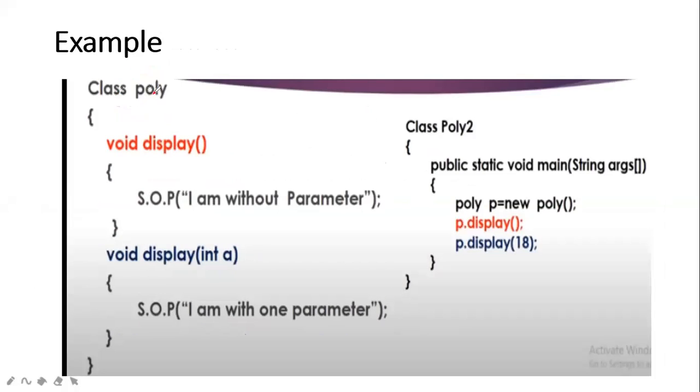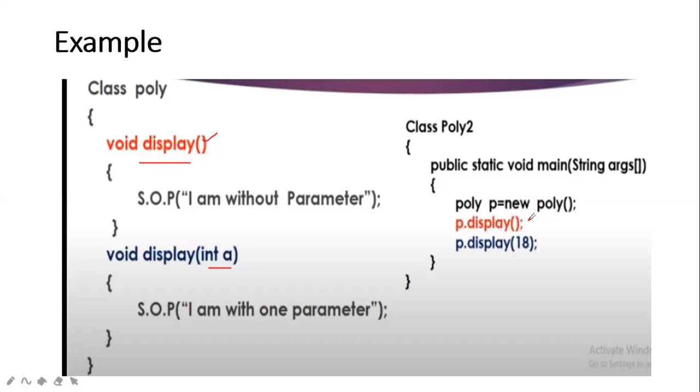So we are going to understand that with the help of this example. See, this is class Poly. I have just discriminated it with colors. Void display, SOP is I am without parameter. So void display is without parameters. Void display int a. Here the parameter is int a. One parameter is there, so when we are calling this, it will behave differently.